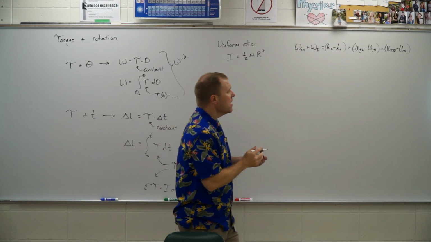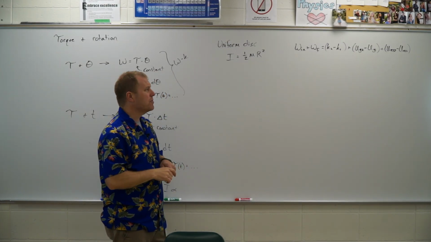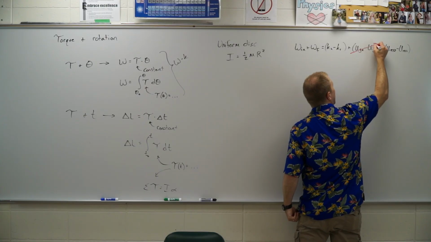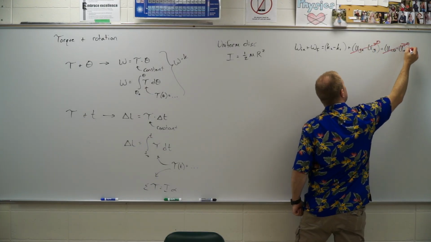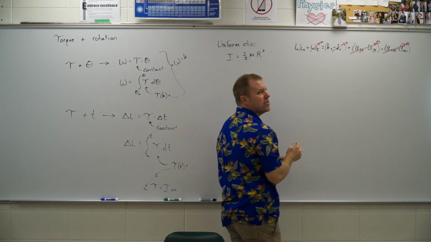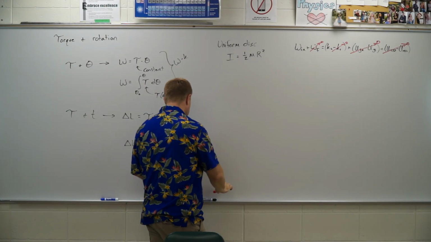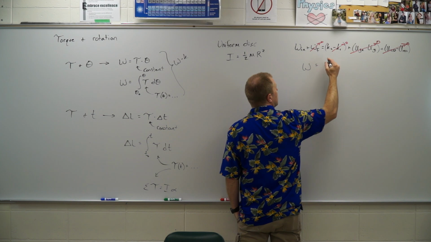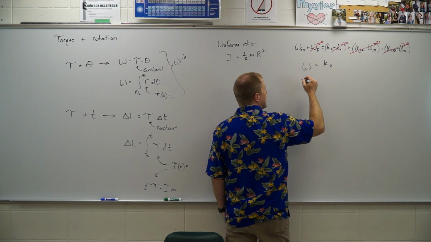There, that was easy. The next thing we need to do is cross stuff out. So our disc is not changing its height. There are no springs attached to it. It does say it starts at rest, and there is no mention of friction. So our equation drops pretty quick to work is equal to our kinetic energy at the end.